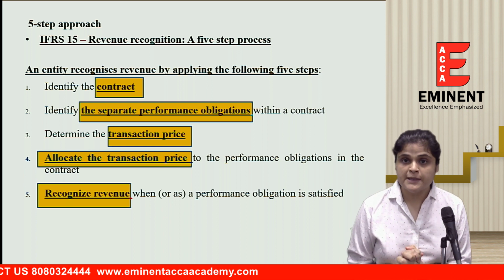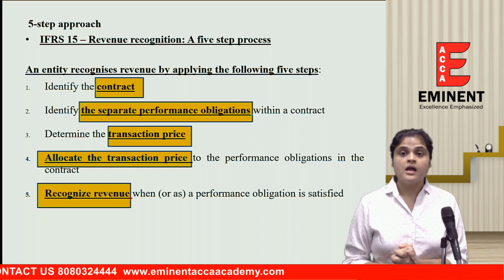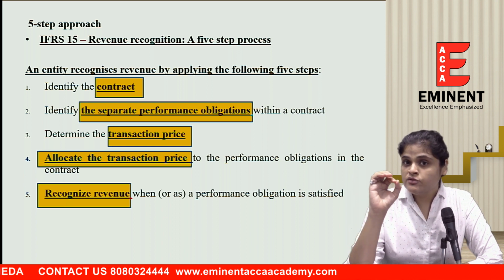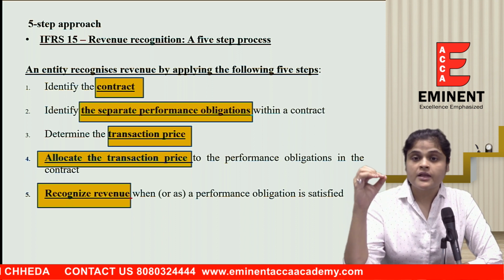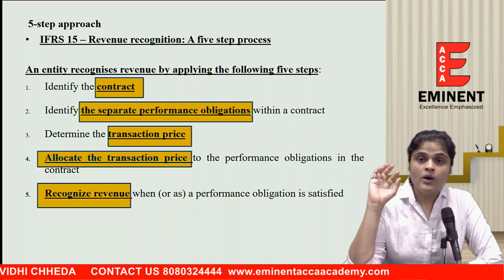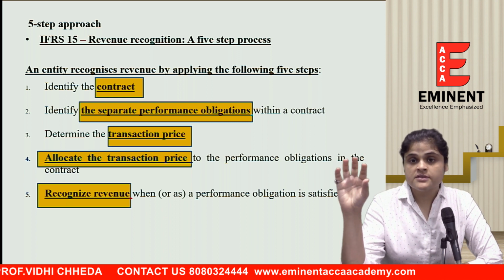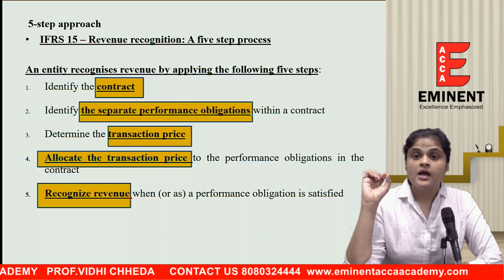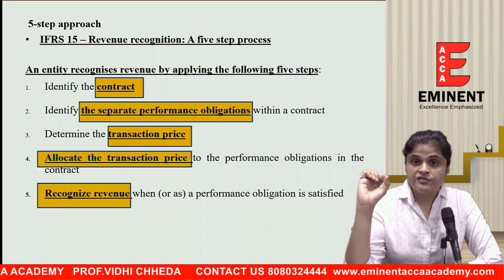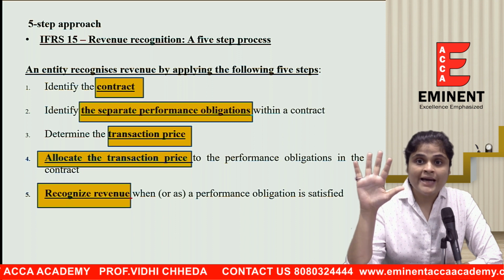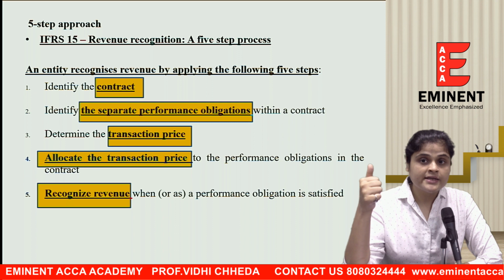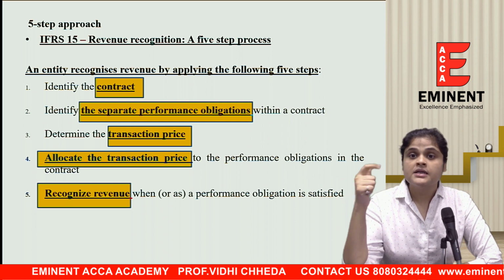Let's understand the 5 steps with the help of an example. Before we get into the example, I'll just quickly give you a summary of what we just did. As an entity who has done sales of goods or services, you will have to record revenue in your books of accounts. Before recognition of revenue, you will have to apply these 5 steps. Again, the first step is to identify the contract.